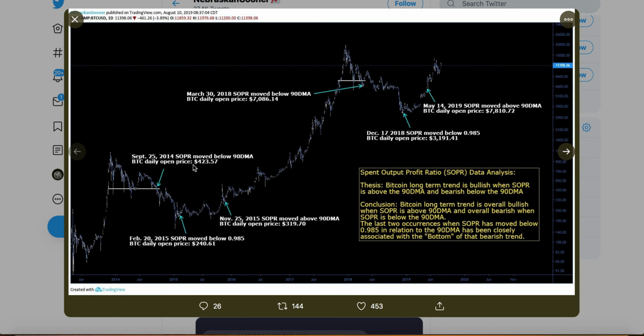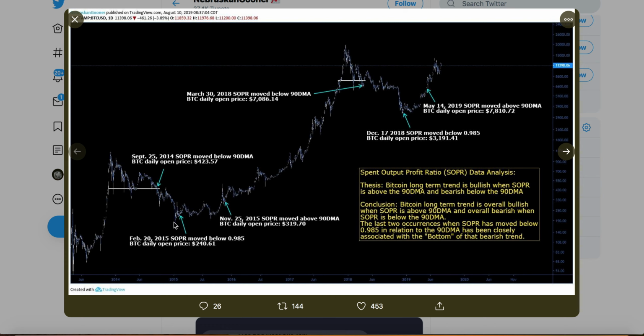Bitcoin daily open is 423. So he basically talked about the Bitcoin, if it moves below the 90 DMA, that means you have a bearish momentum coming up. So this is exactly what happened. There's a bearish momentum, and another thing is it is bullish when the SOPR is above the 90 DMA.